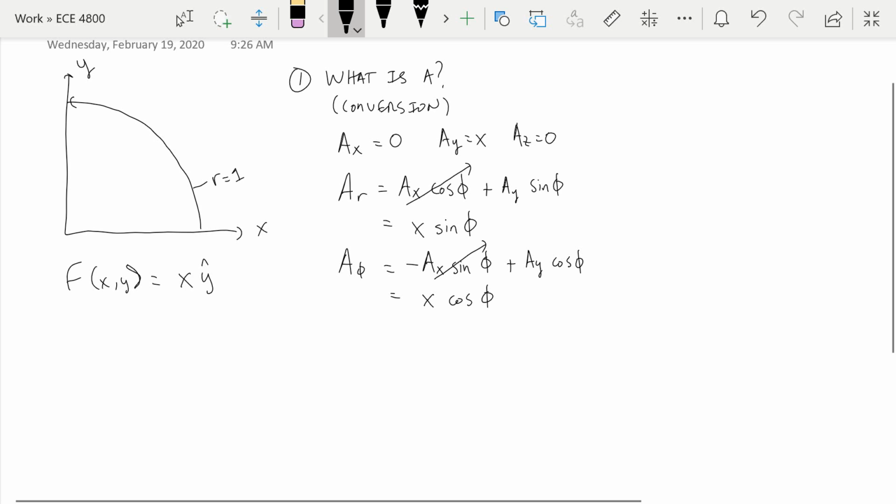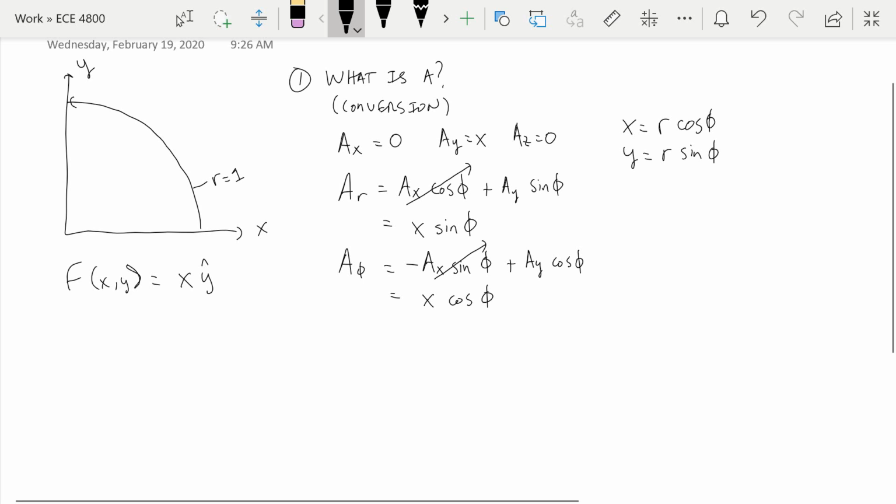Let's remind ourselves, from the table, this is given in x, and we want everything in terms of r, phi, and z. So x is equal to r times cosine of phi, and y is equal to r times sine of phi.